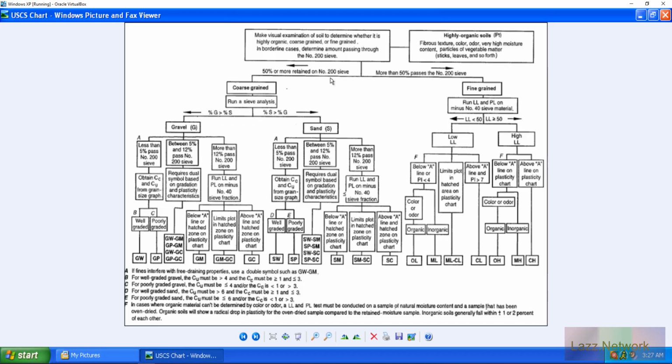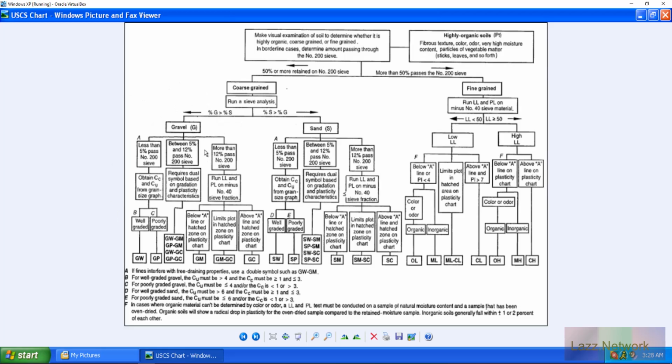So that's if we had 45% passing the number 200 sieve, and we have greater than 50% of gravel, which is material greater than our number 4 sieve, so that's 4.75 millimeters. Then this is where we would start on the whole flow chart.